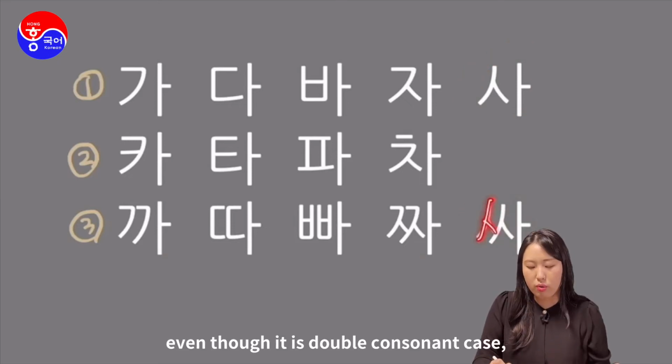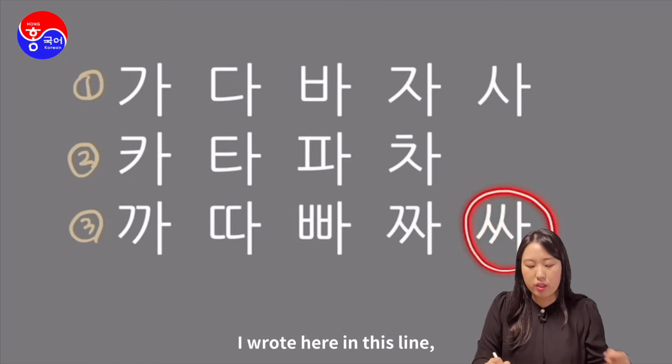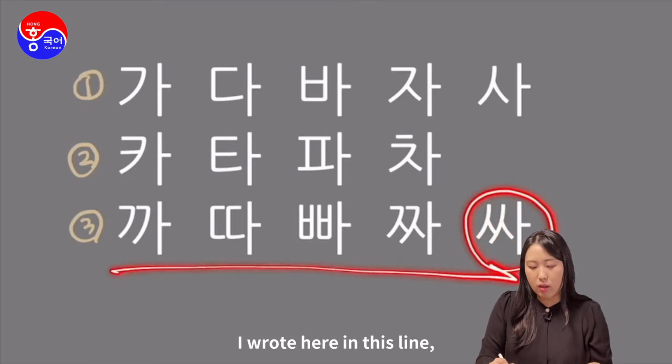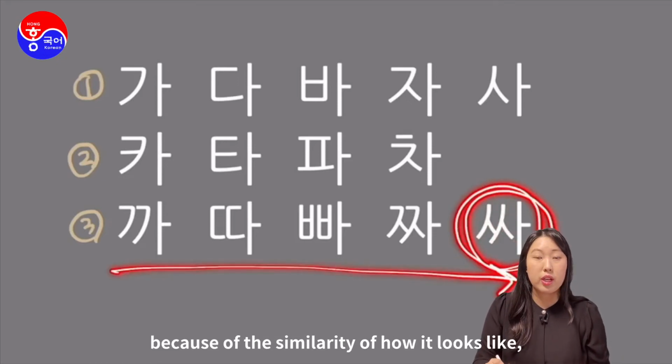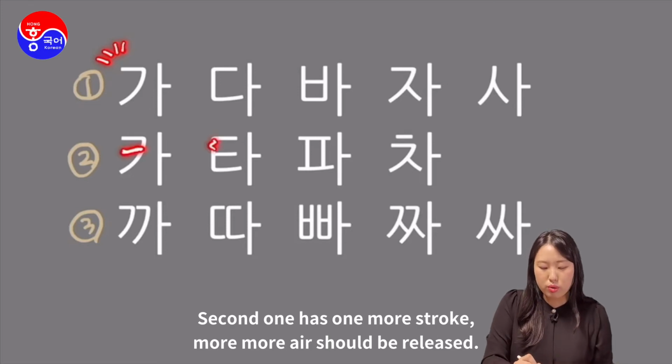But even though it is double consonant case, the air is released, right? But I wrote here in this line because of the similarity how it looks like. To sum up, the first line, you should release a little bit air. But second one has one more stroke. More air should be released.